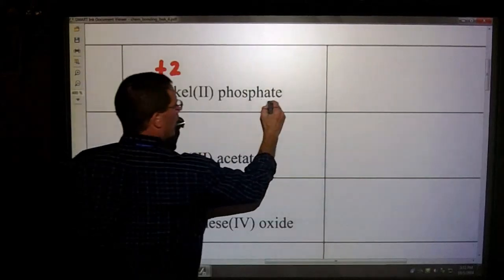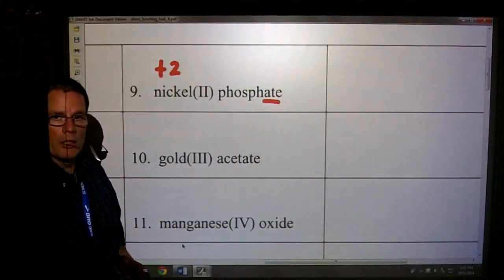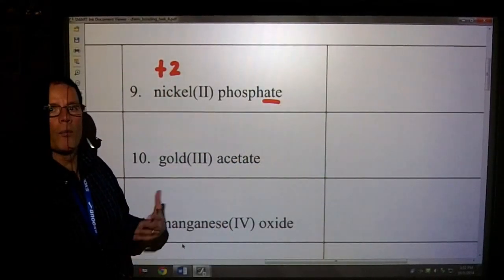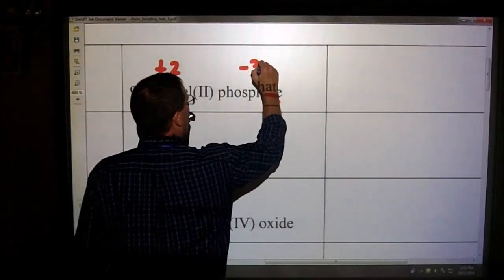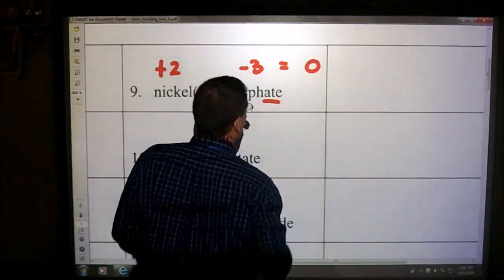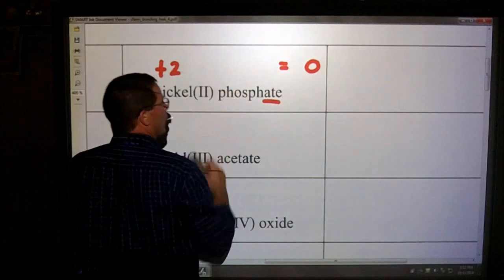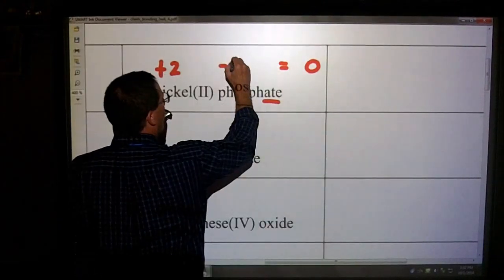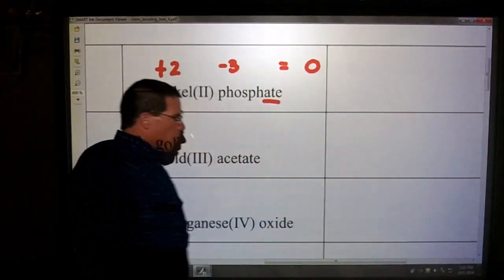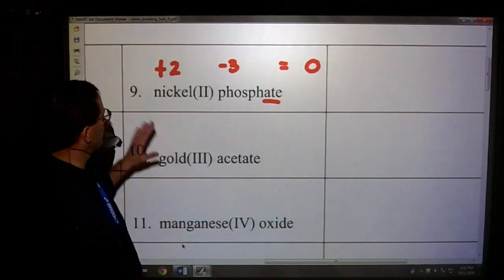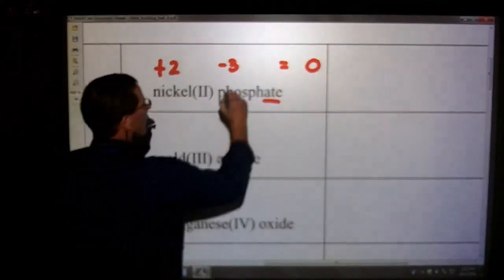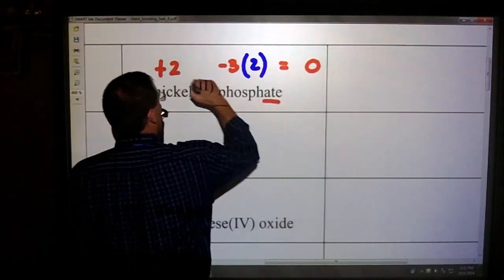And phosphate, again, ends in ATE, and phosphate, PO4, with a -3 charge. And no, that does not equal 0. Let me scoot that over a little. Okay, so that means that we need to do some multiplying to both of these. So that's going to be multiplied by 2.